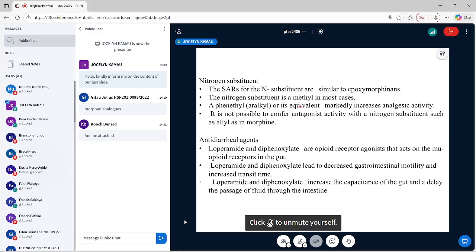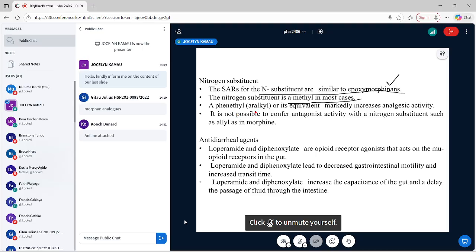Nitrogen substituent. The SAR for the nitrogen substituent is similar to the epoxymorphinans. The epoxymorphinans, as we have discussed, are morphine and its derivatives. The nitrogen substituent is a methyl in most cases, as we have seen, but of course not always.